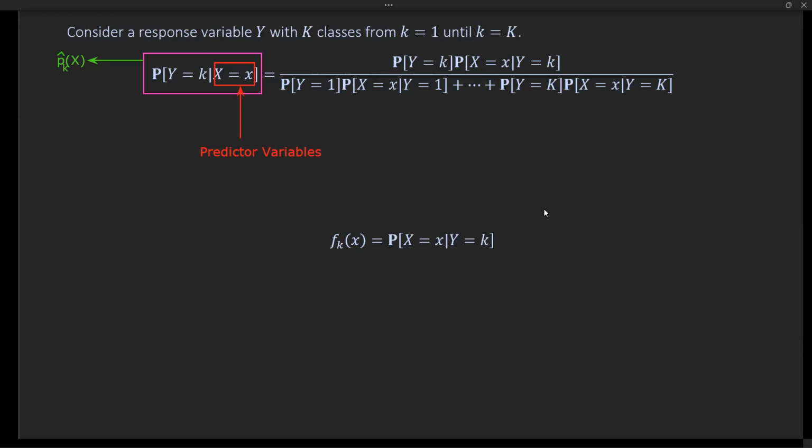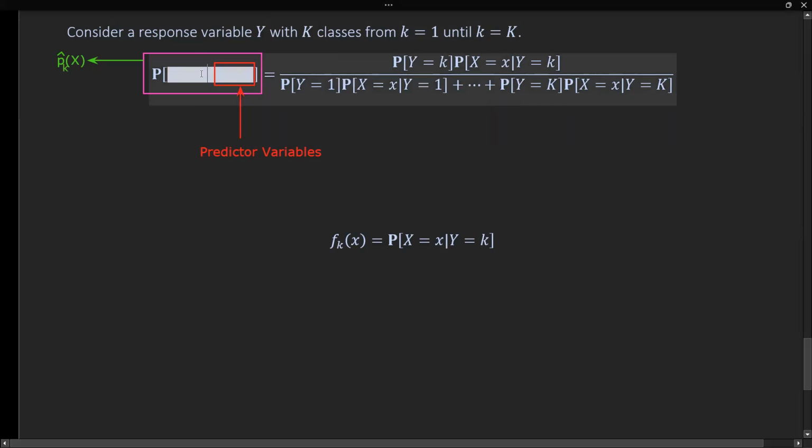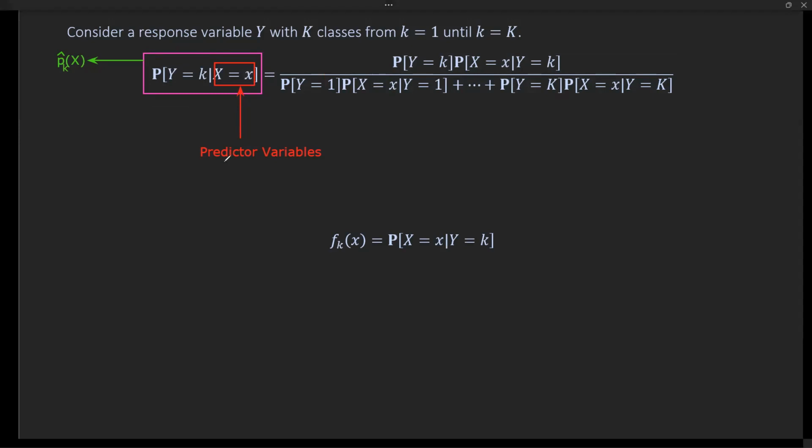And this is what's going on. What we need, if you're interested in a specific class, now of course we would want it for every class, but if you're interested in a specific class, so the probability that the response variable is k given this set of information, then the pink is sort of flipped into, what's the color close to pink?